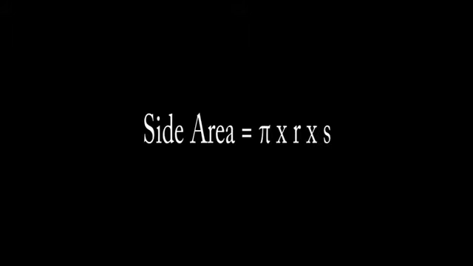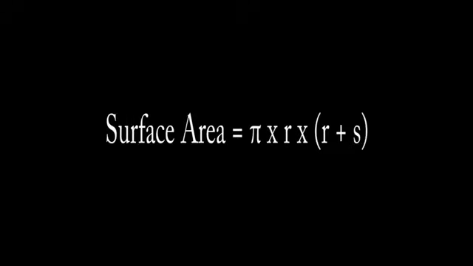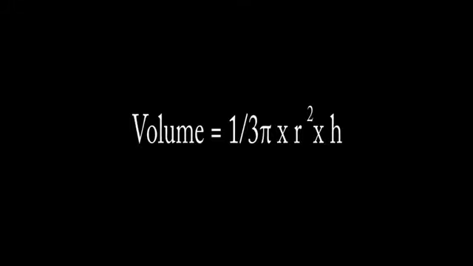The formula for side area is equal to pi times r times s, which together makes surface area equal to pi times r times (r plus s). For the volume, 1/3 pi times r squared times h.